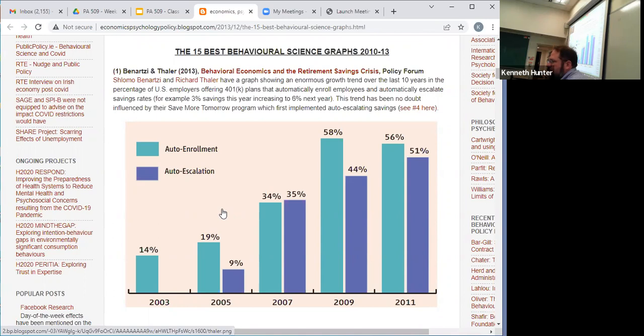The idea being that if employers purposely enroll employees into 401k plans, even if they have to make the contribution, theoretically it actually encourages savings. And what you can see here is that over time, as auto enrollment increased, it automatically led to an escalation in savings rates. So that's an important one to look at.